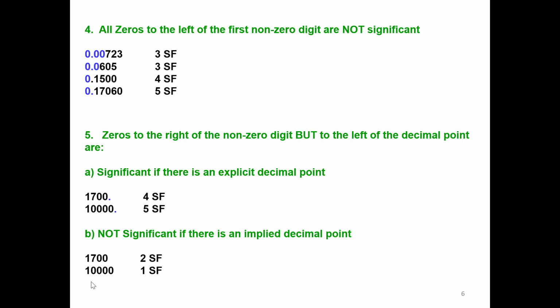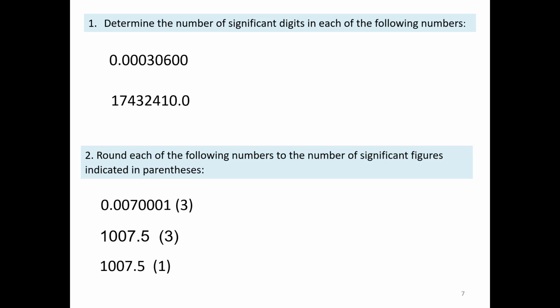Then let's try to complete a few problems to practice these rules. We want to determine the number of significant digits in each of the following numbers. In this case, we know these 3 zeros are not significant.